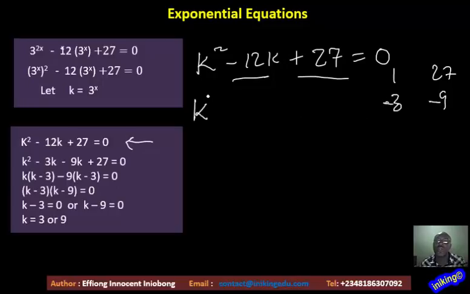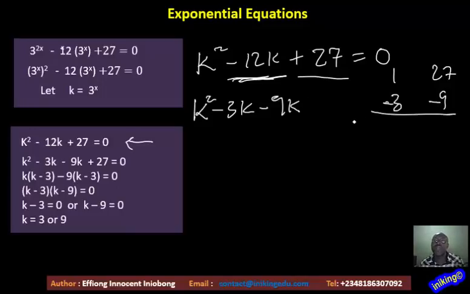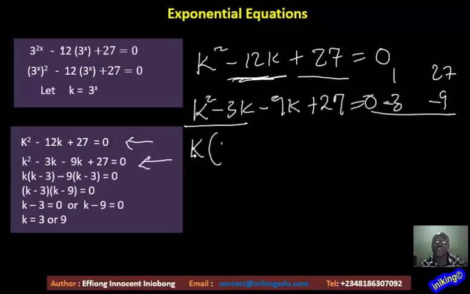So I have here k squared minus 3k minus 9k. Remember, we're supposed to replace our 12 with the factors of 27. So the factors we have chosen are minus 3, minus 9 to replace minus 12. And then we have our plus 27 equal to 0. So that's what we have on this line. Now factorizing this, we have here k into bracket. k squared divided by k is k.